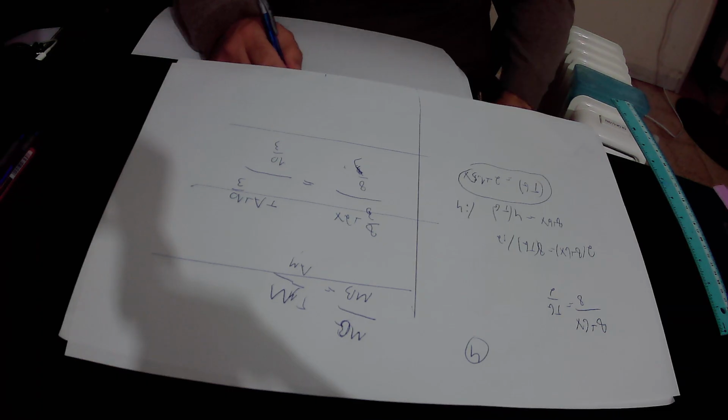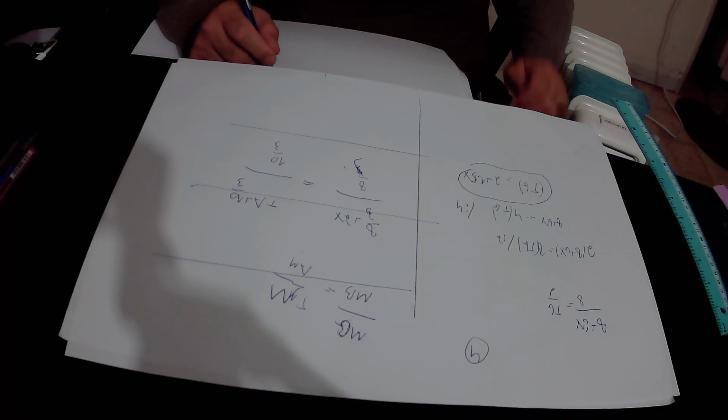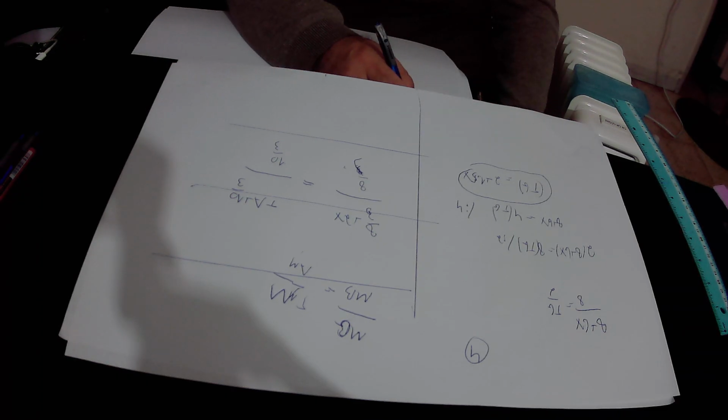So we have here 8 plus 2x times 3 is 6x over 3 over 8 over 3.